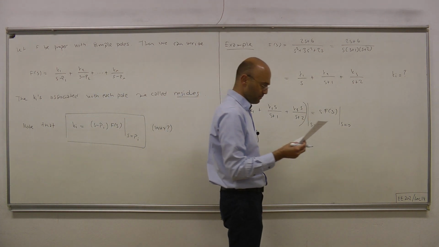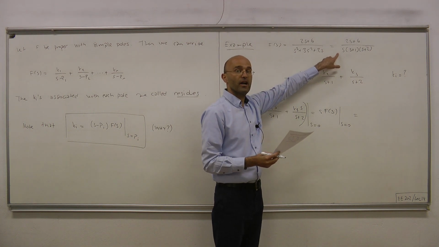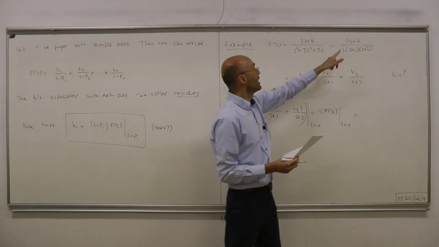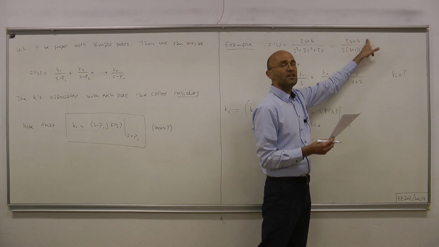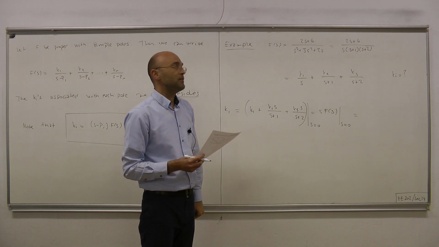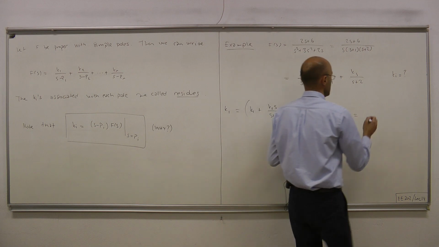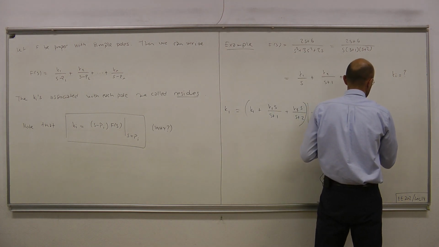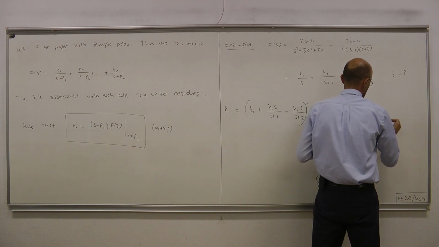must equal s times F(s) evaluated at s equals 0. Now, what's s times F(s)? This is our F(s). We multiply it by s, and what we have is (2s + 6) times s divided by this. Now, s in the numerator will be cancelled by s in the denominator, and s times F(s) equals (2s + 6) over (s + 1)(s + 2).